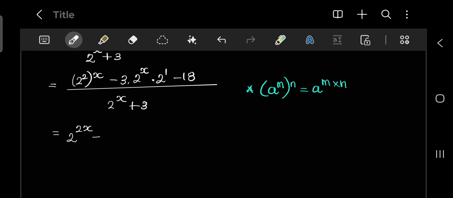In my second term, I want you guys to notice what is being multiplied. I've got 3 times 2 to the power x times 2 to the power 1, which is 2. If I multiply the 3 and 2 together, I've got 6 times 2 to the power x. So that allowed me to simplify. I'm left with minus 18 and the denominator as is.